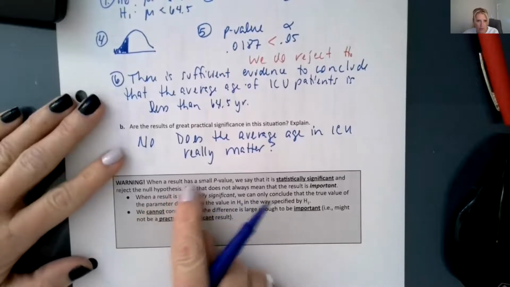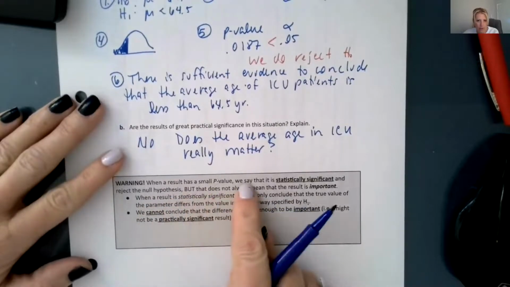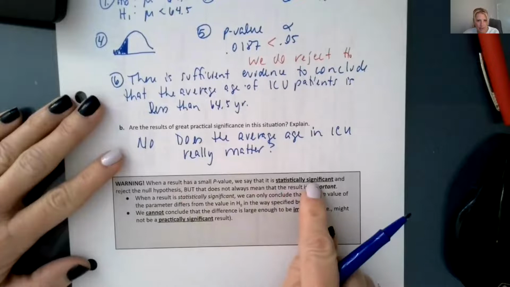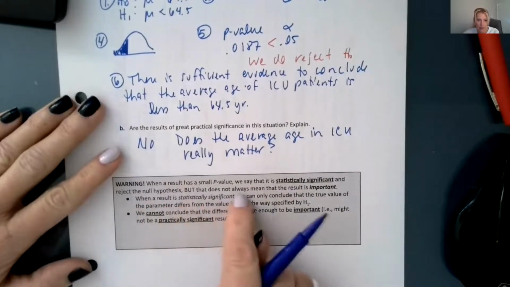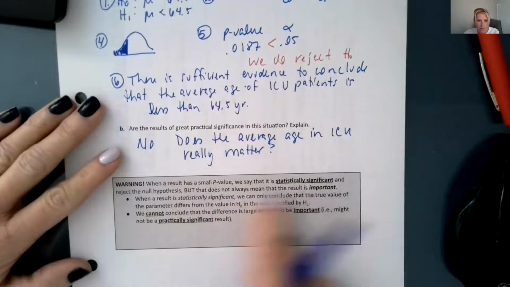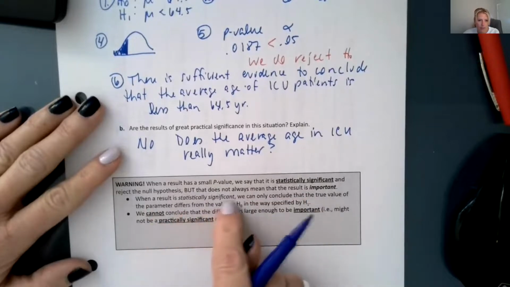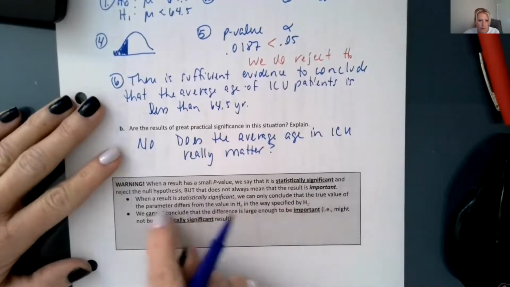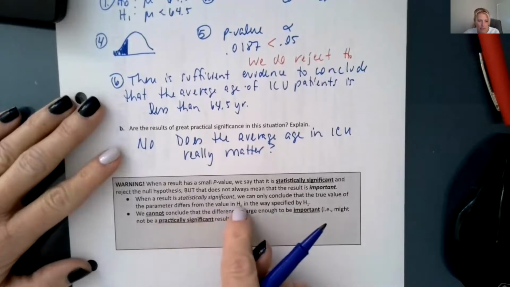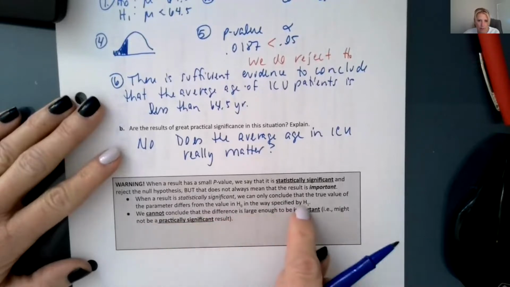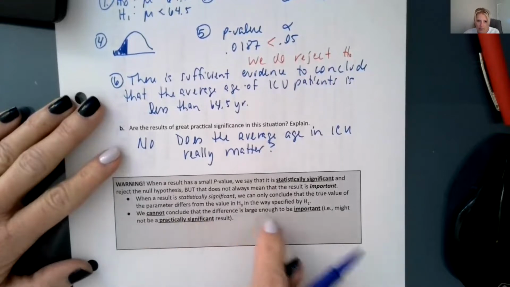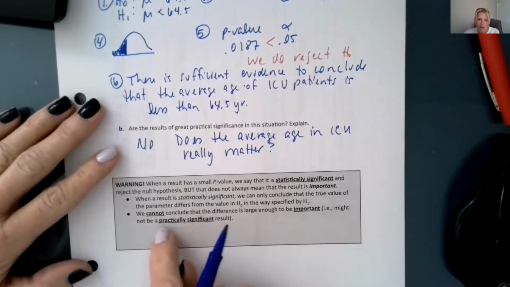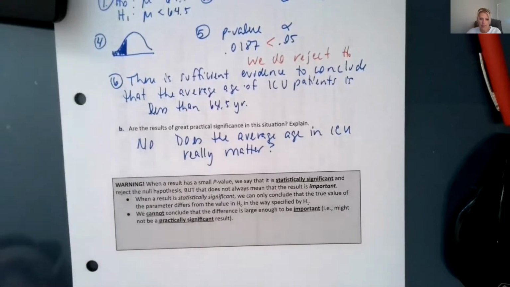When a result has a small p-value, we say that it is statistically significant and reject the null hypothesis. But that does not always mean that the result is important. When a result is statistically significant, we can only conclude that the true value of the parameter differs from the value in H0 in the way specified by H1. We cannot conclude that the difference is large enough to be important, i.e., it might not be a practically significant result. So that's important to remember.